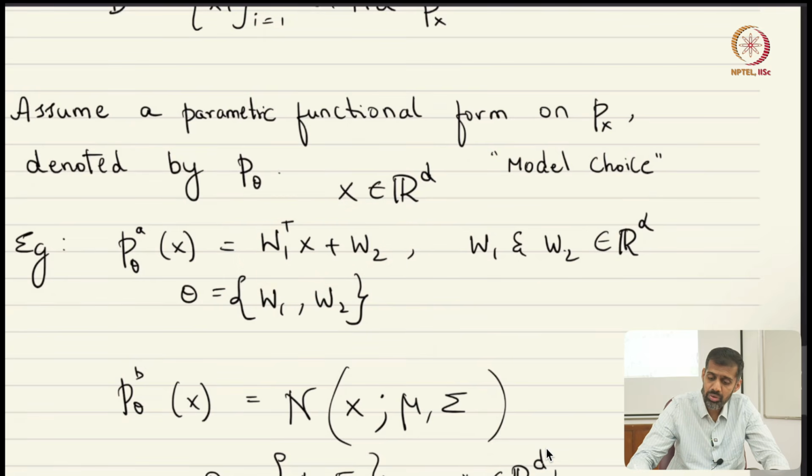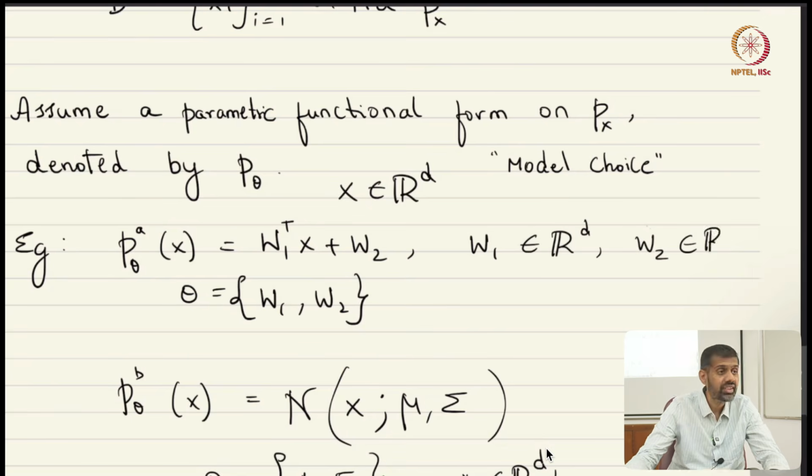If W1 and W2 both of them are in R^d, so W1 transpose X is a scalar, and W2 if it is in R^d, then a scalar cannot be added to a vector, correct? So W1 is in R^d and W2 is a scalar, otherwise dimensions will not match.